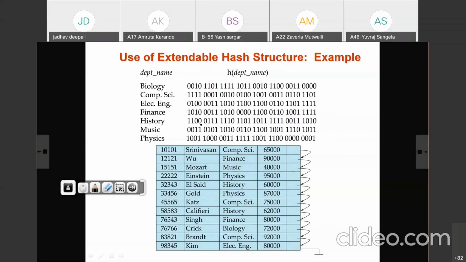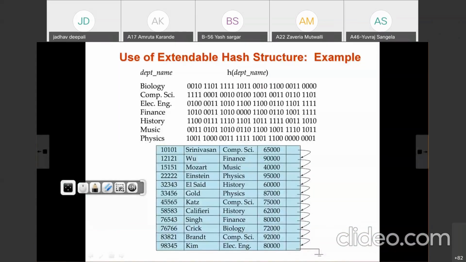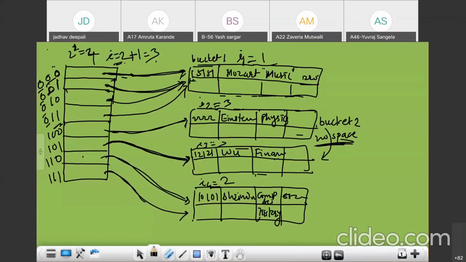Follow the pointer of 110. Yes, there is a space. So history, Al Said, 32343.